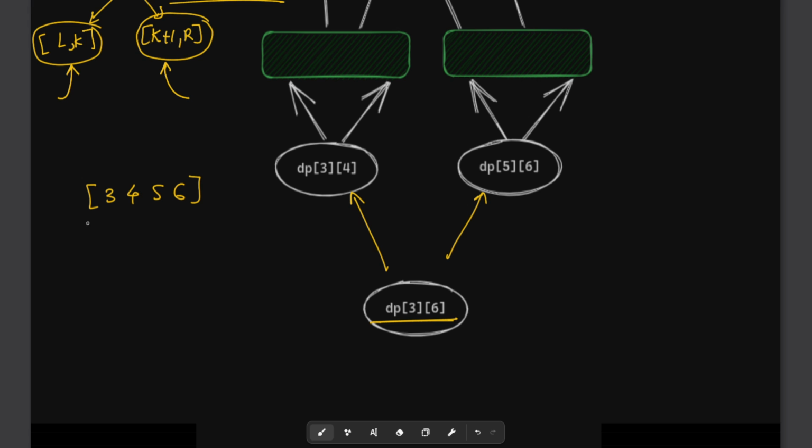Then the first choice could be to keep 3 as it is, merge the last 3 first, or pair up 3 and 4, then pair up 5 and 6, and combine the answers into a single one, or take the first 3 and keep the last one as it is.